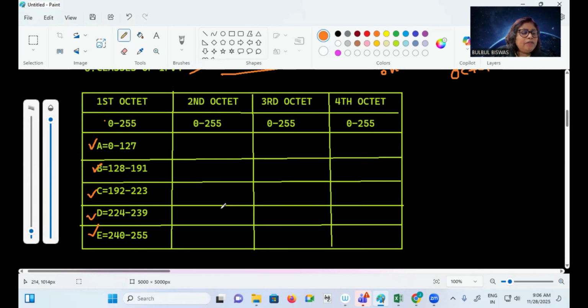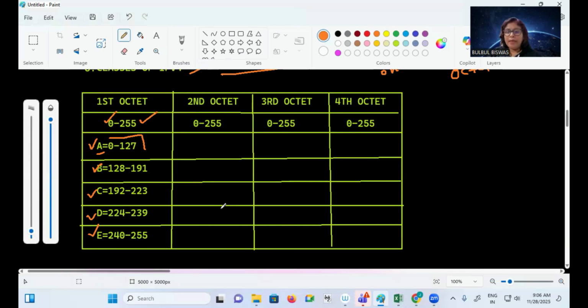Every octet starts with 0 and ends with the maximum value 255. IANA has taken 0 to 127 as class A, 128 to 191 as class B, 192 to 223 as class C, 224 to 239 as class D, and 240 to 255 as class E.